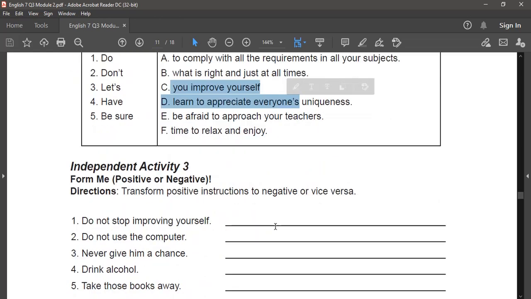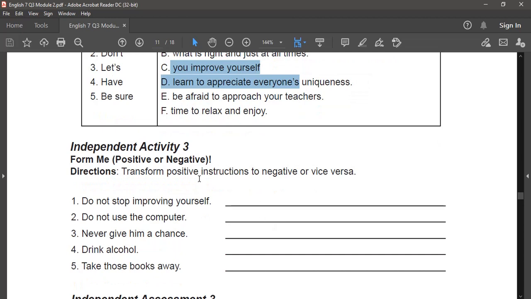Next, independent activity number 3. We discussed positive and negative imperatives, so try to answer this one. First, identify if the imperative is negative. In this case, it is negative. In this case, it is negative. In this case, it is negative.